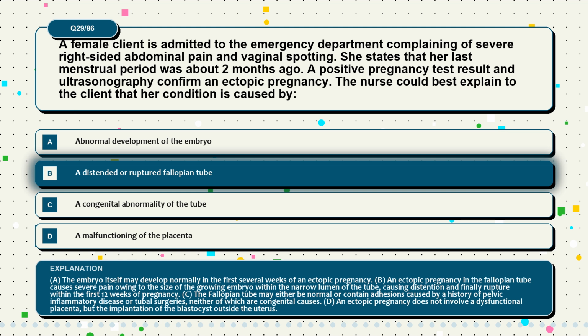The fallopian tube may either be normal or contain adhesions caused by a history of pelvic inflammatory disease or tubal surgeries, neither of which are congenital causes. An ectopic pregnancy does not involve a dysfunctional placenta, but the implantation of the blastocyst outside the uterus.